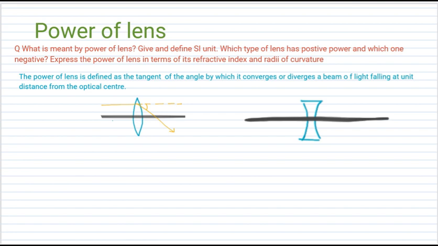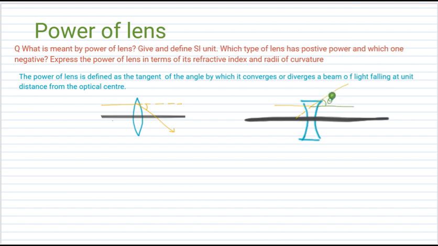This is also applicable for your concave lens. Suppose this is your light. After refraction, it passes through this point. Now, can you see this angle?